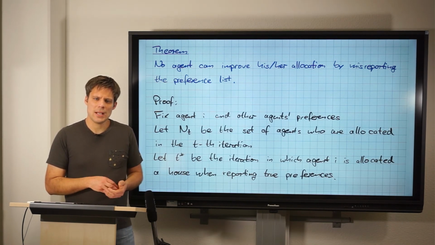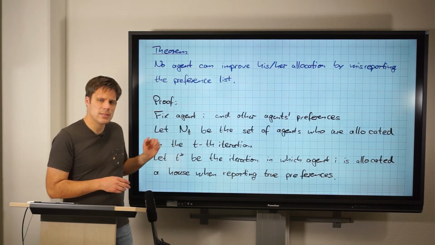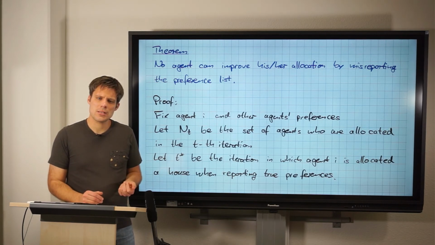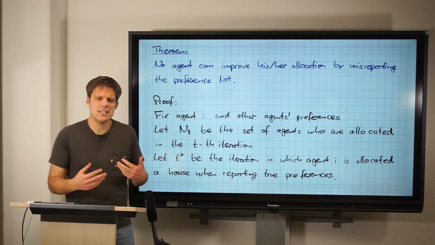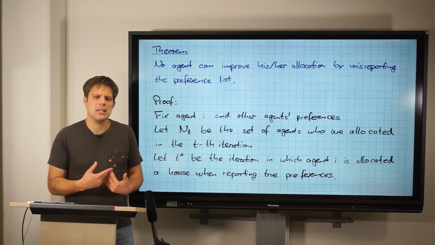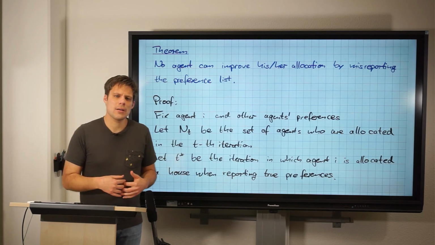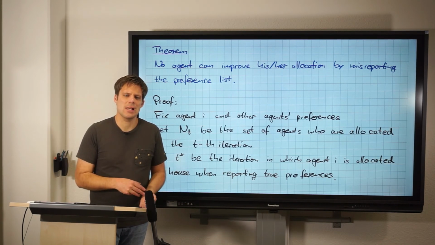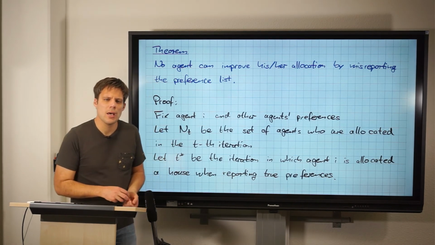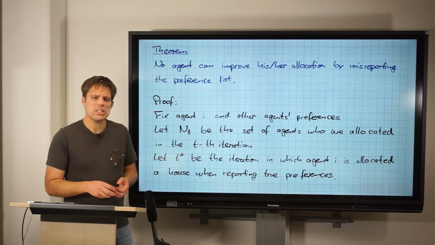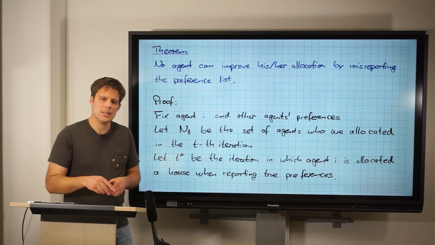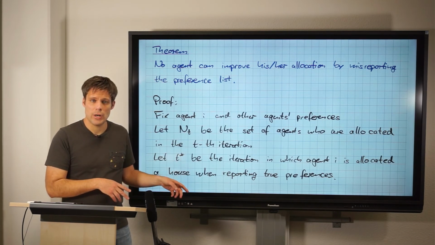But what I won't be getting is one of these houses that were actually allocated earlier. And why that? Because there was no incoming edge. And I don't have any influence on incoming edges. What I'm relying on to be allocated is that somebody else likes my house. And this is not what Agent I can influence. Agent I can only misreport his or her own preferences, but not make sure that somebody else now suddenly likes her house.